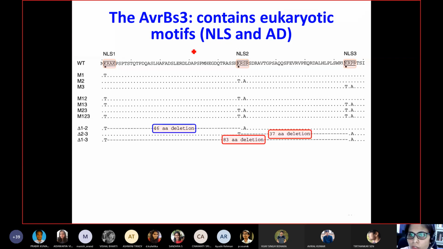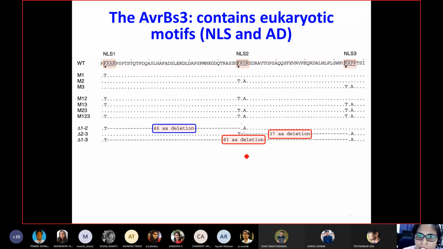So they deleted 46, 37 and 83 amino acids from these sequences, and then they checked the response. So here again, if you delete the sequence between NLS1 and 2, that means 46 amino acids, then you do not see any difference; the hypersensitive response is intact and behaves like the wild type.